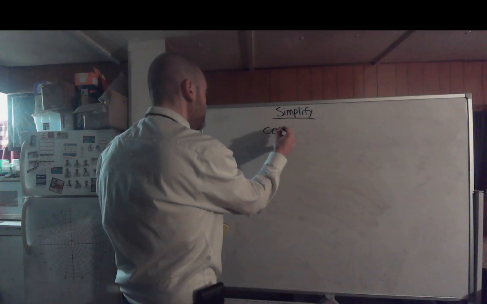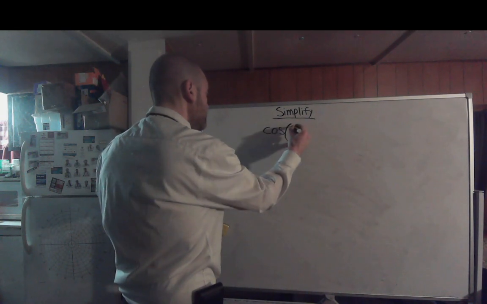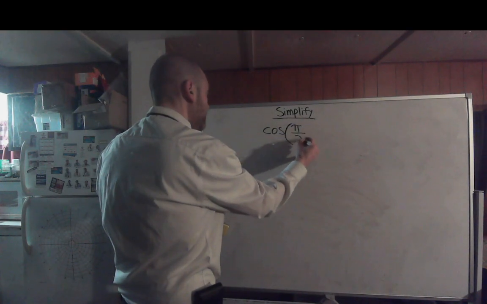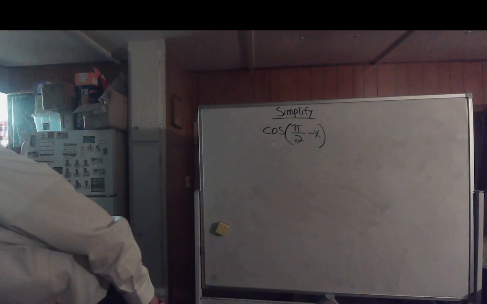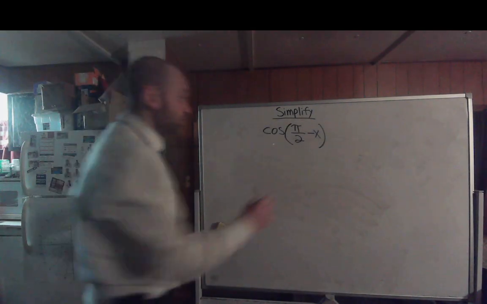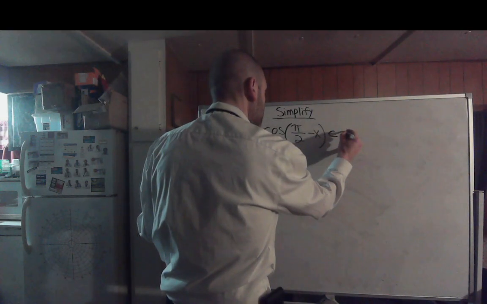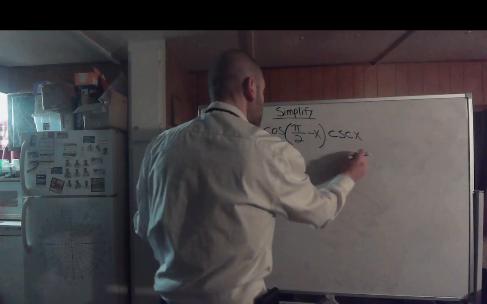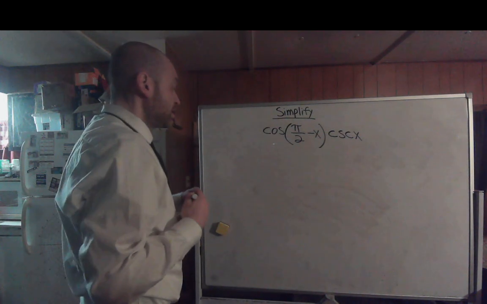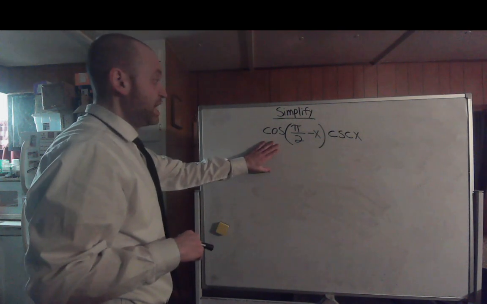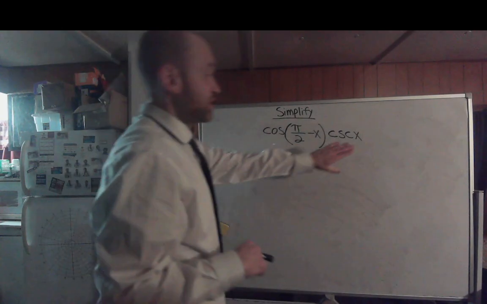Let's see here. We have the cosine of pi over 2 minus x, all that times the cosecant of x. So cosine of pi over 2 minus x times the cosecant of x.